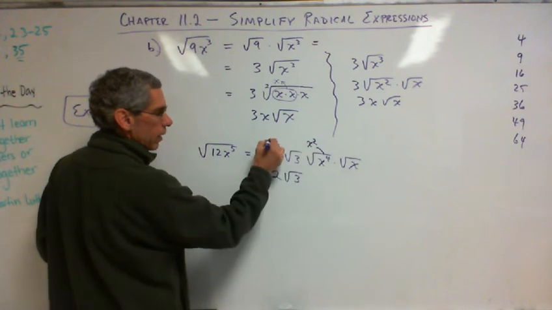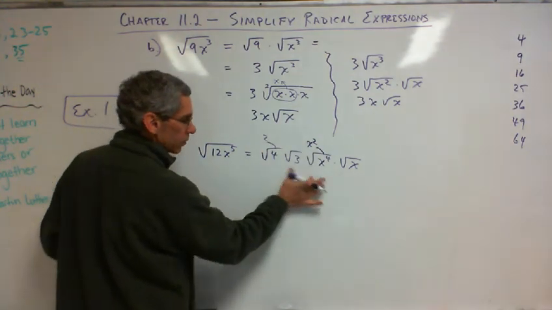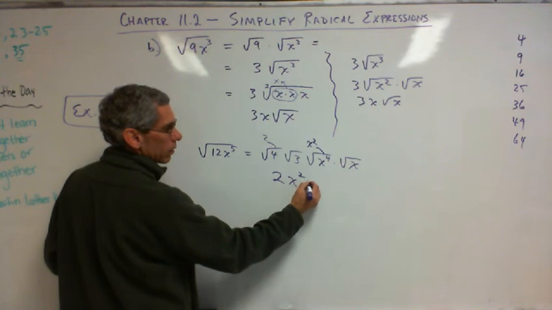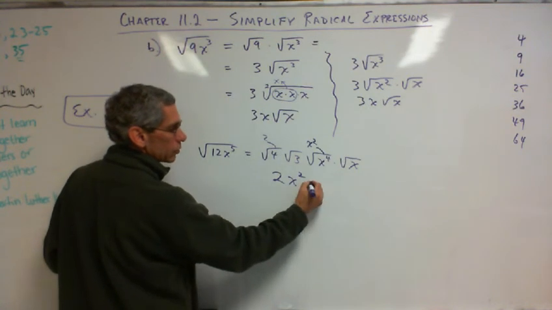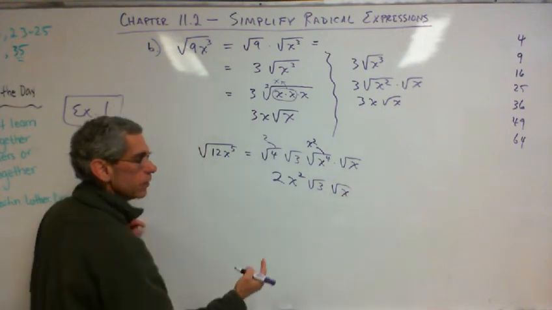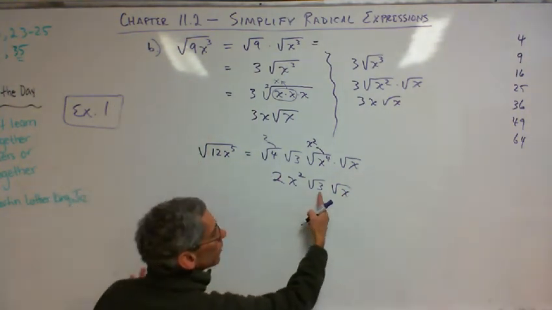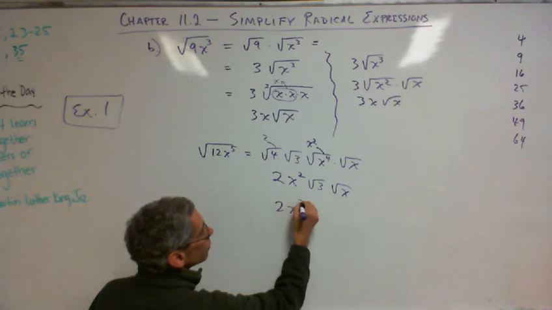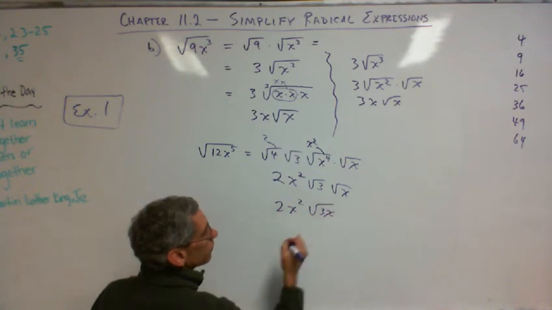Let me rewrite this, sorry. So I have 2x squared, and then the square root of 3 times the square root of x, but with my product property I could combine these. So I could have 2x squared square root of 3x, and I'm done.